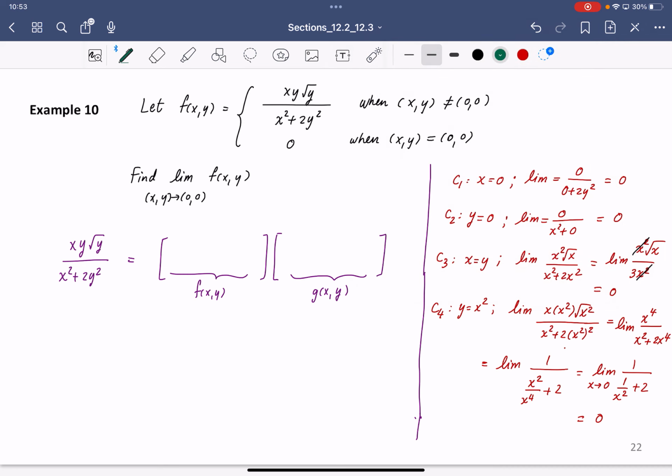For sure, what we learned today is keep x squared plus y squared with you on the f part. But what is your g then? f and g, the remaining part here. So f(x,y) is going to be the square root of x squared plus y squared here.